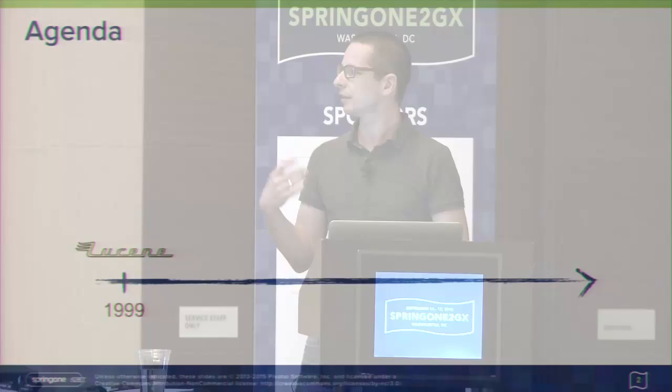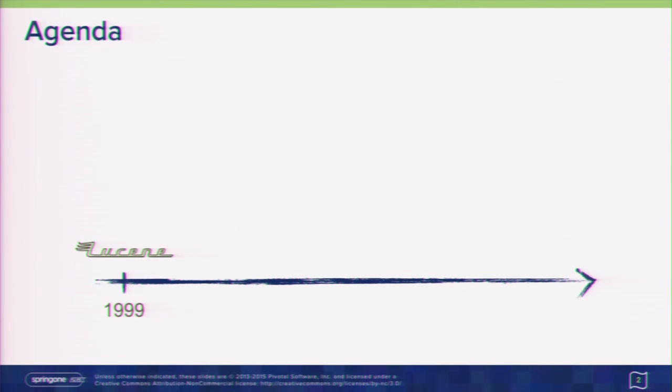So if we take a quick look at the history of search within the Java ecosystem, it basically turned out to have started in 1999 when Lucene was initially released. So Lucene is up till today the core technology for most search engines that are out there for Java.